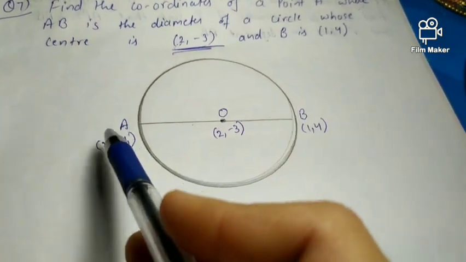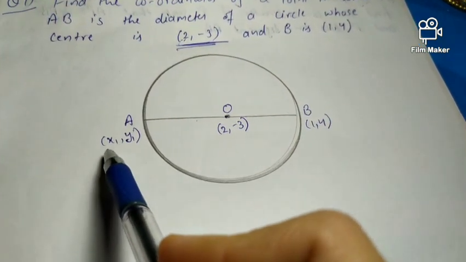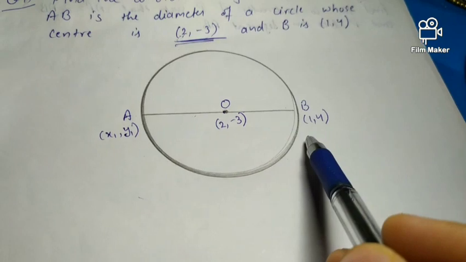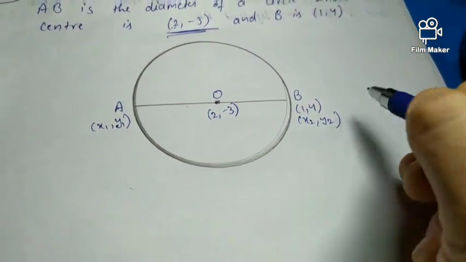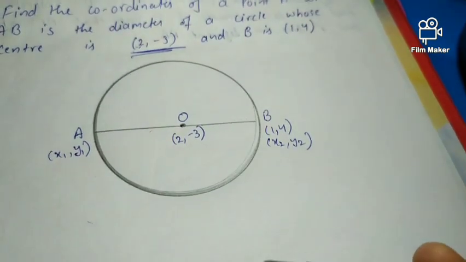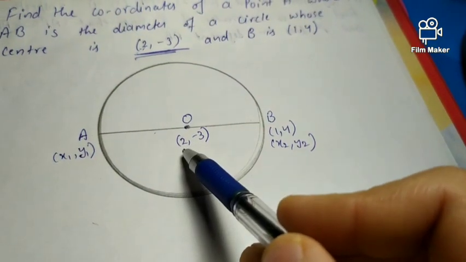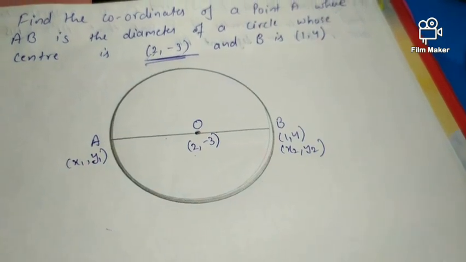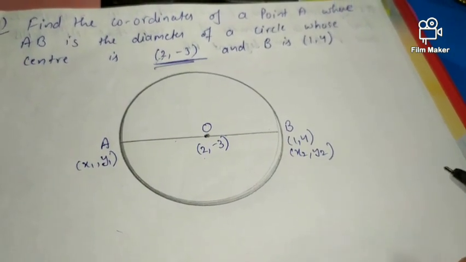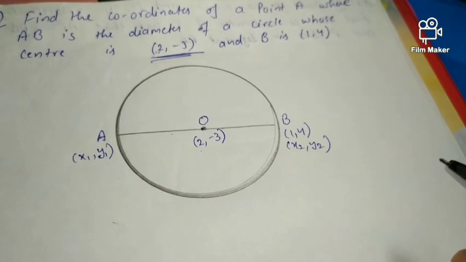So A we want to find out, so we will write it as (x1, y1), and B they have given, that is (x2, y2). O is the center point and the coordinates of the center are (2, minus 3). The center is always the midpoint of the diameter.